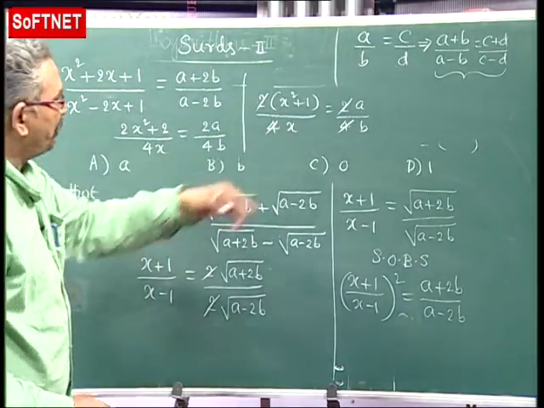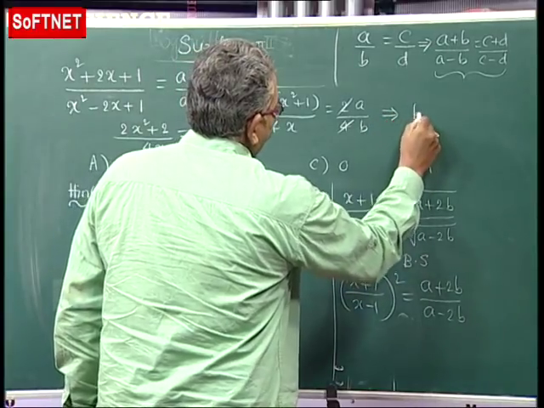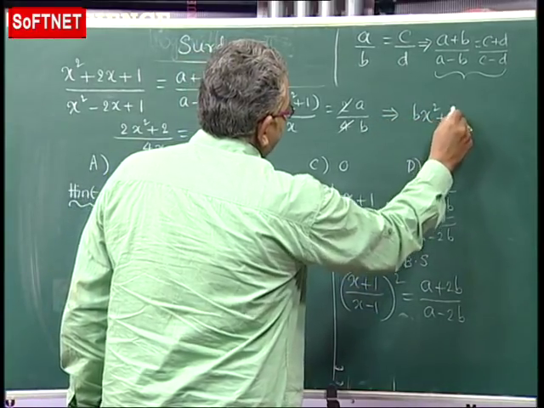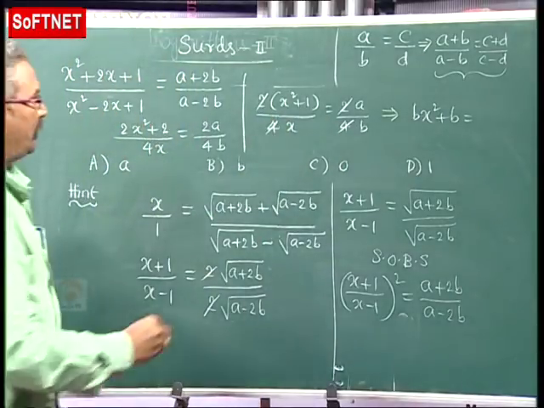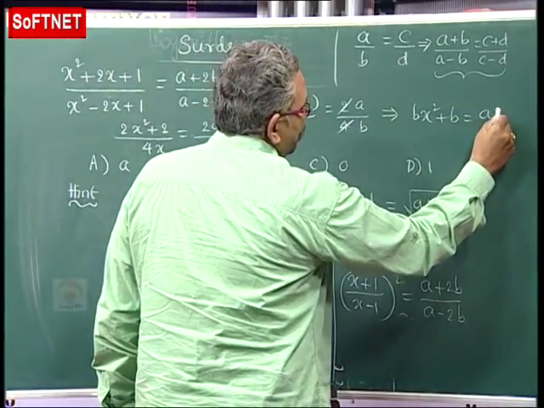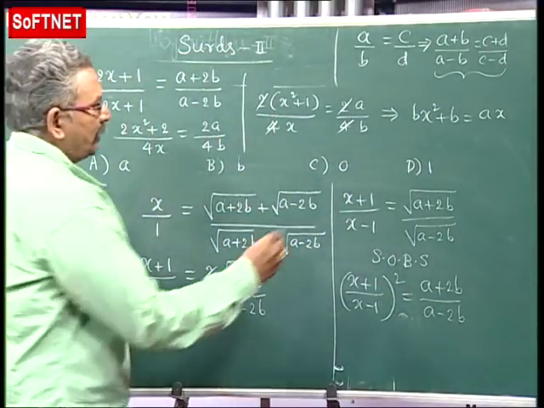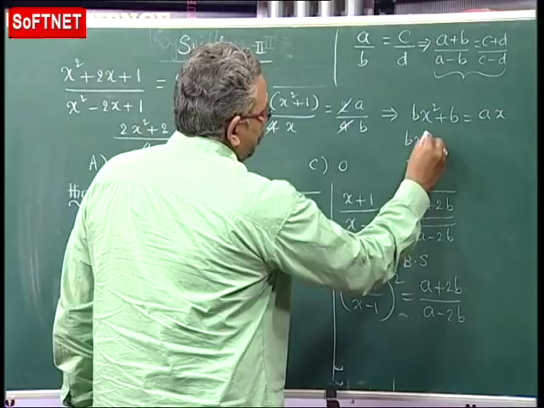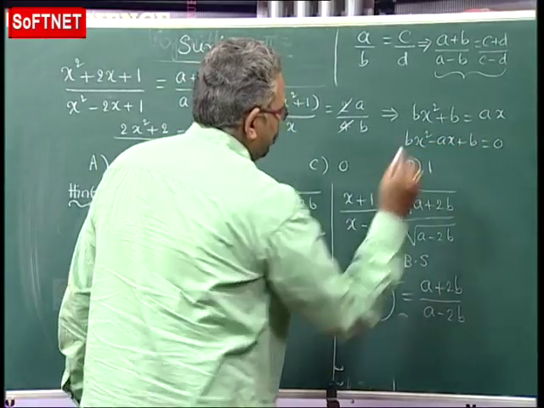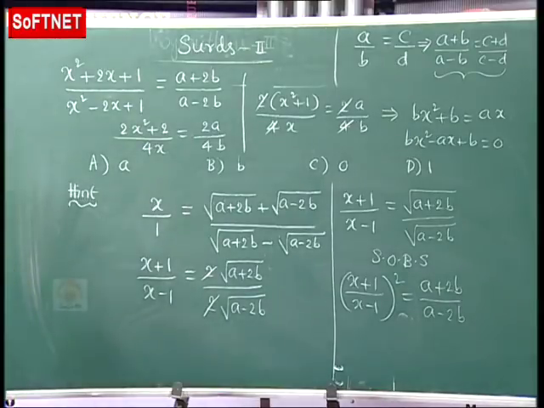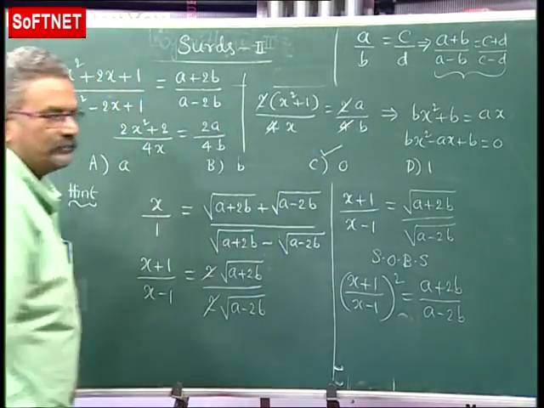If you cross multiply, what do you get now? bx square plus b equals ax. Now bring ax this side. bx square minus ax plus b equals 0. Now which is the right option? Yes, C will be the right option.